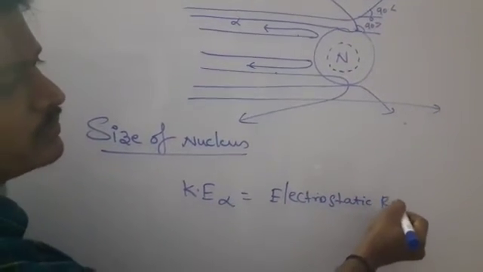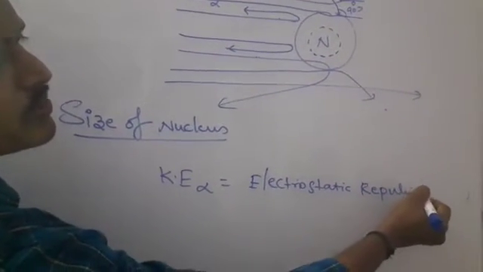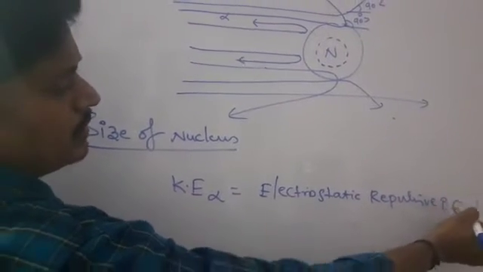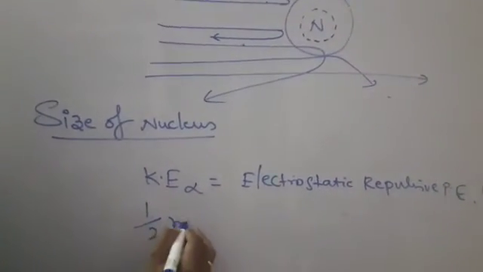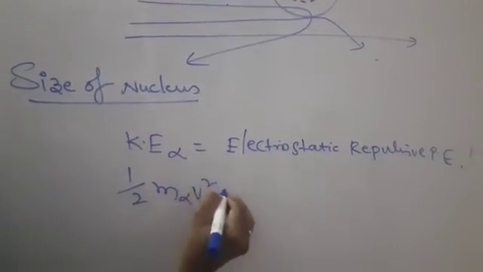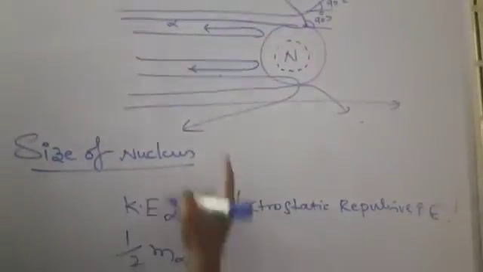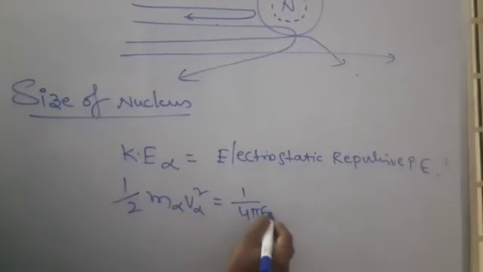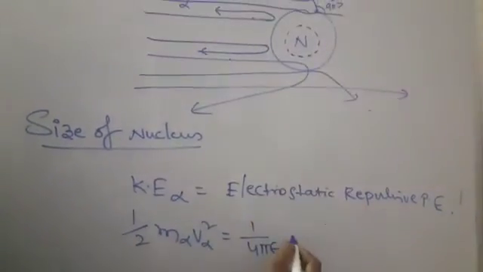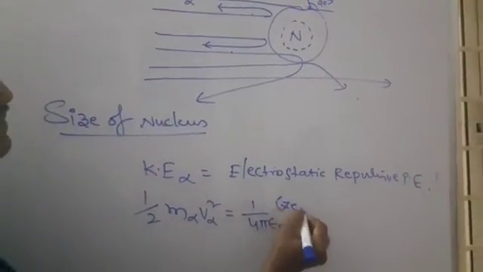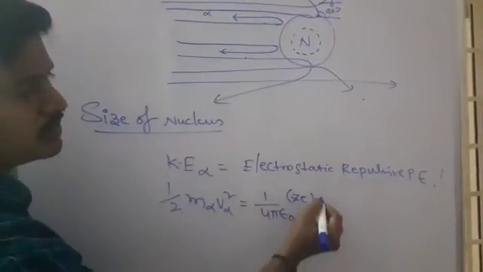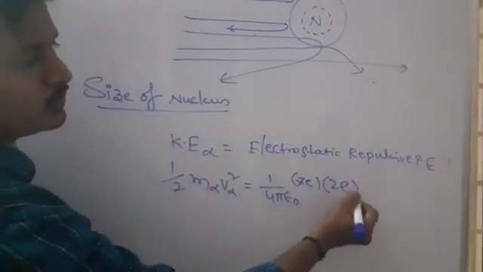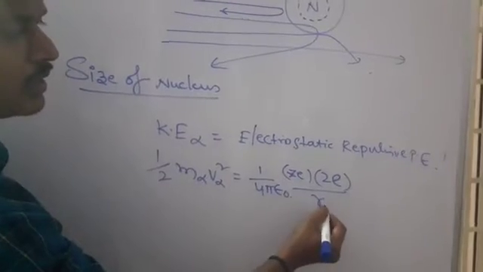Therefore, half m alpha v alpha squared is equal to 1 by 4 pi epsilon naught into Ze, the nucleus charge, times 2e, the charge of the alpha particle, divided by r naught.